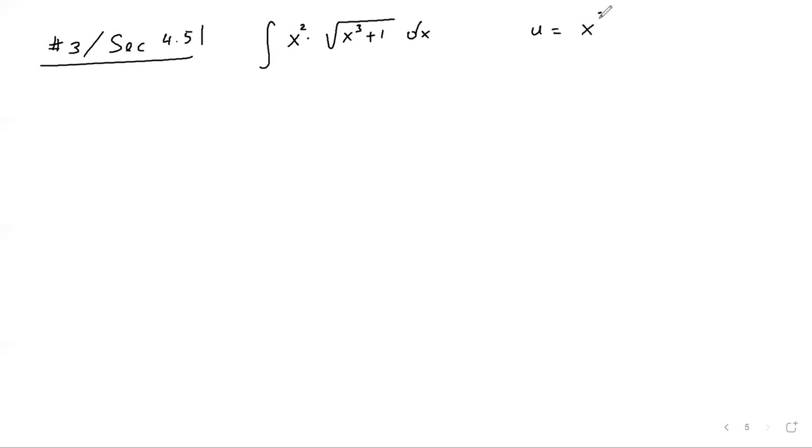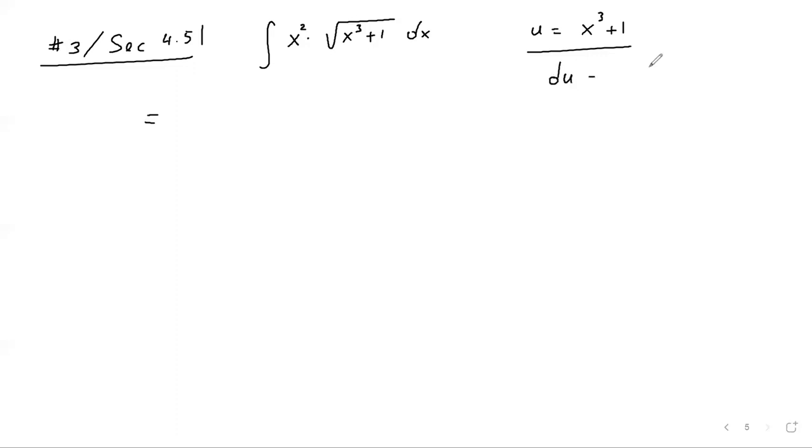Number 3 of section 4.5 says find the antiderivative of x² times the cube root of x³ + 1 dx, where u = x³ + 1. This is also given the substitution, but we need to write it out.